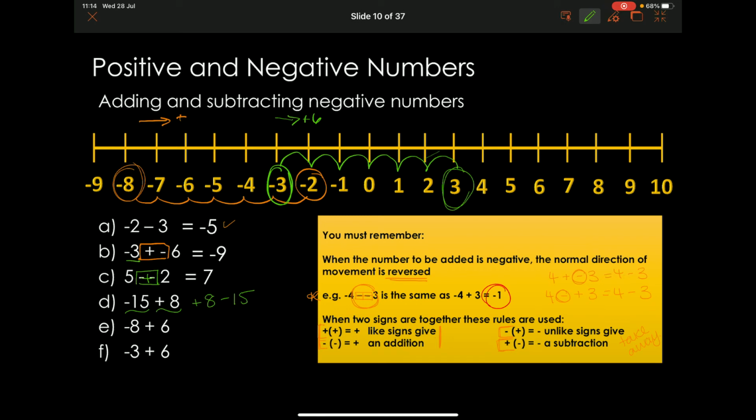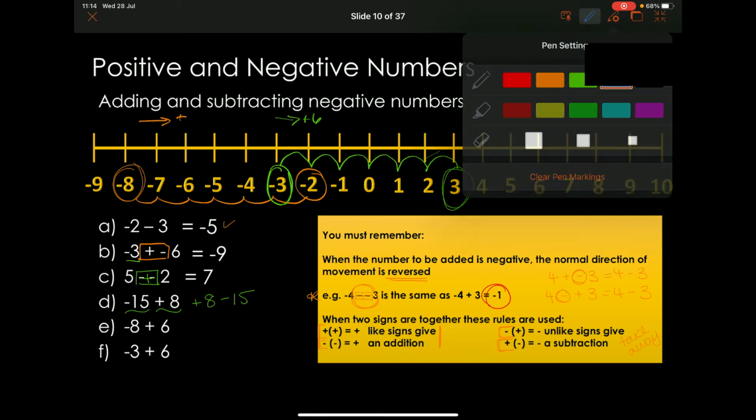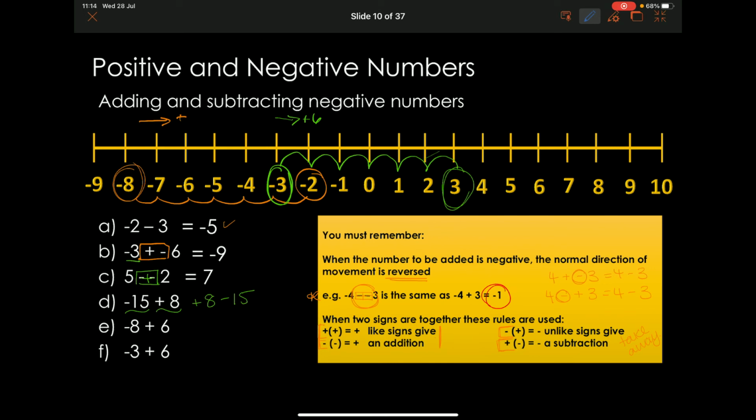But I'm just going to show you this on the number line. Let's use blue. Because I've switched around the question, I'm calling it 8 minus 15. Here's 8. And I'm going to take away 15. And if I take away, it's that way. 1, 2, 3, 4, 5, 6, 7, 8, 9, 10, 11, 12, 13, 14, 15. And it gives us minus 7.